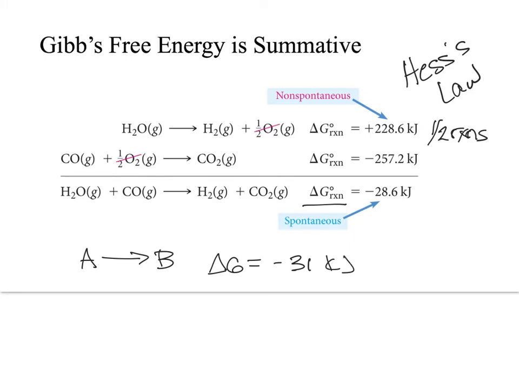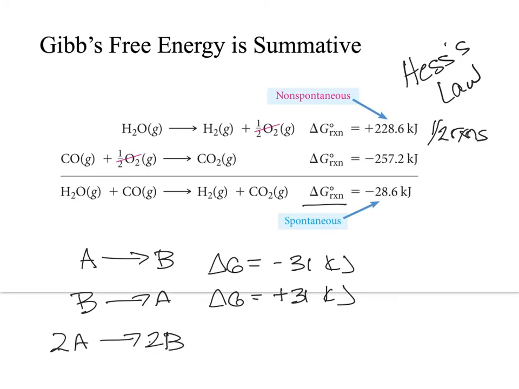If we reverse that reaction, B going to A, the only thing that we do is we change the sign. It becomes positive 31 kilojoules. And if I multiply by some number, 2A going to 2B, just multiplied by 2, then delta G is negative 62 kilojoules. I just take that Gibbs free energy value and multiply it times whatever integer I multiplied the whole reaction times. And that is called Hess's law.